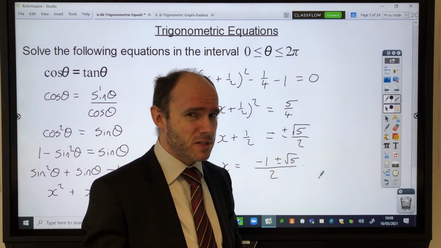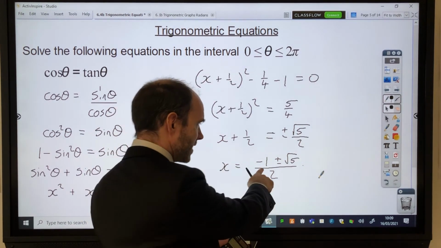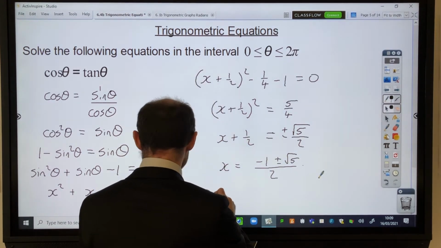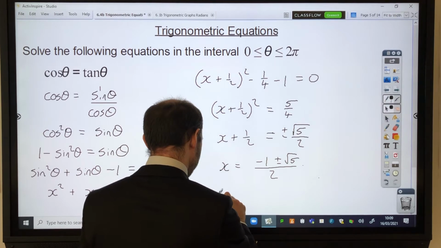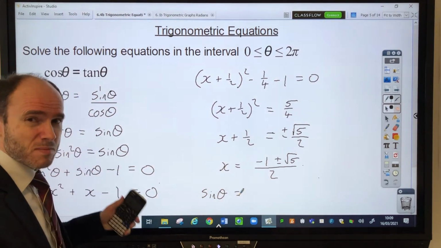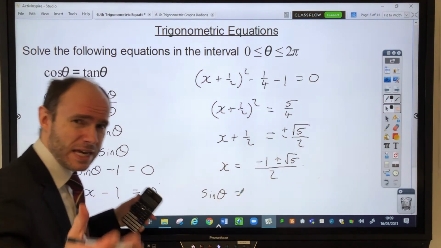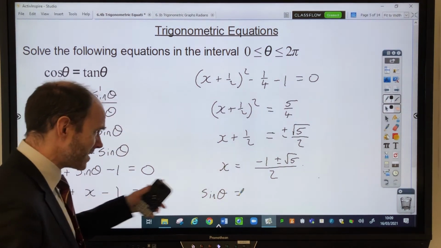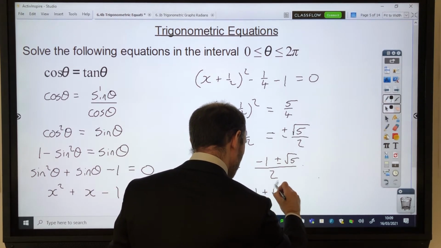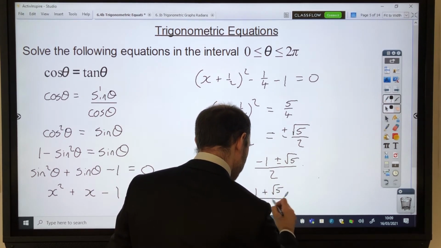So when you do the inverse sine of negative 1 subtract root 5 over 2, it's not going to work. So the only solution is going to come from sine theta. Notice I put sine theta back into it now because that's what we're doing. Remember, I just put x in there to make it easier for you to follow. So sine theta is equal to this. We're only going to have negative 1 plus root 5 over 2 as a possibility there.